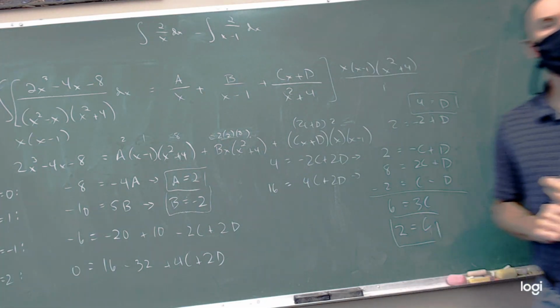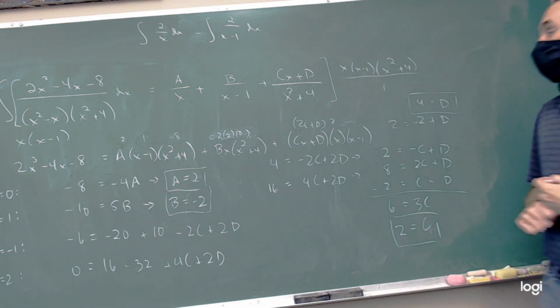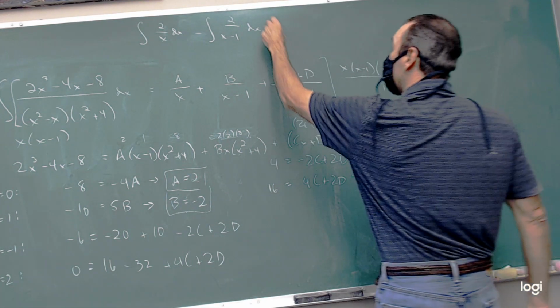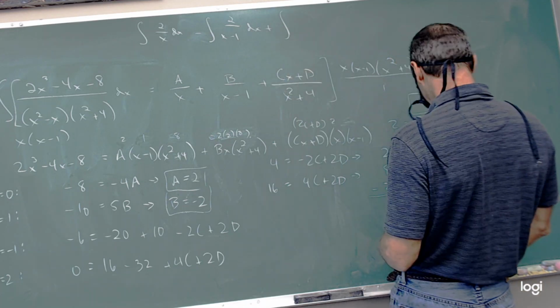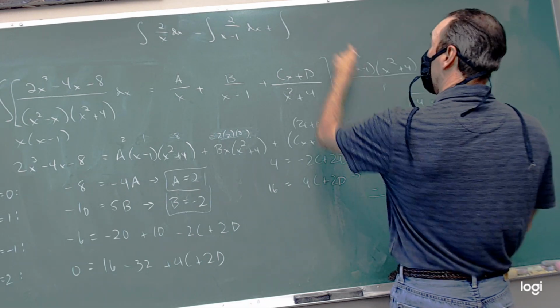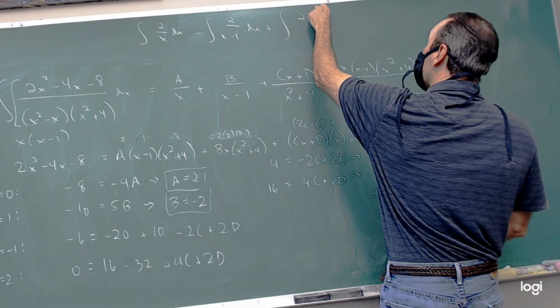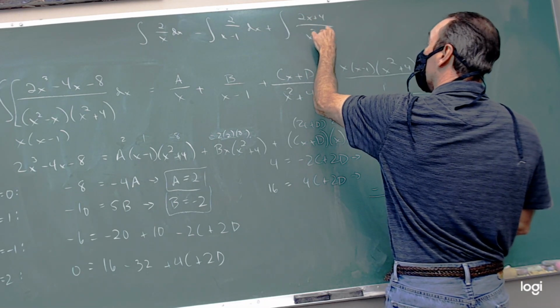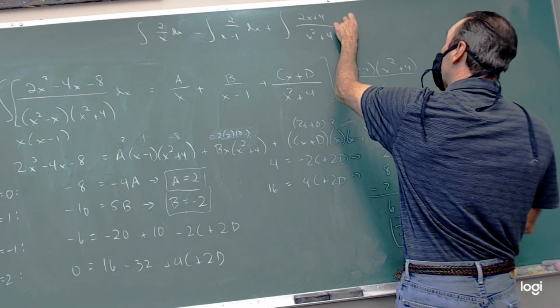See where I'm getting this from? And then, let's see, we got plus the integral of Cx plus D. C was 2, D is 4. So 2x plus 4 over x squared plus 4 dx.